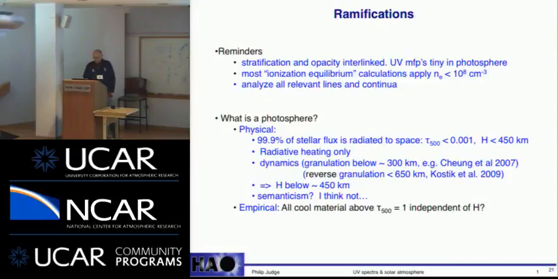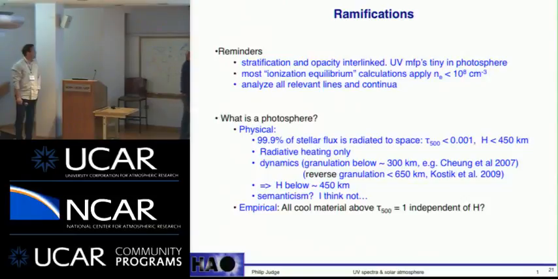So the ramifications of this. Basically, remember that most ionization equilibrium calculations, and essentially all dynamic ones as well, will apply at very low densities. The dielectronic recombination is a really nasty business here. It's been known since the 1960s, and yes, it's routinely ignored in the literature that I see these days.